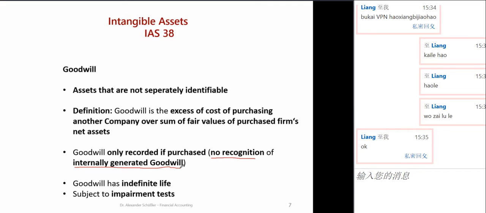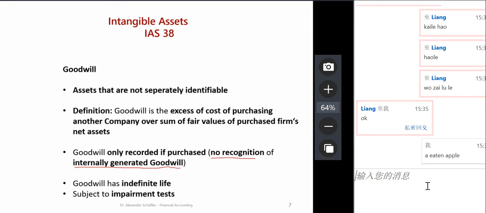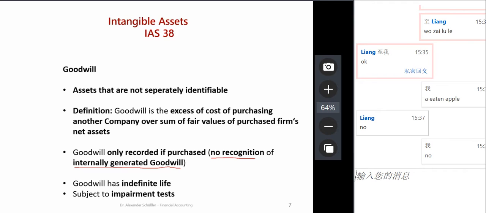if you think about Apple, is Apple allowed to record its goodwill on the balance sheet? No, it's not allowed.